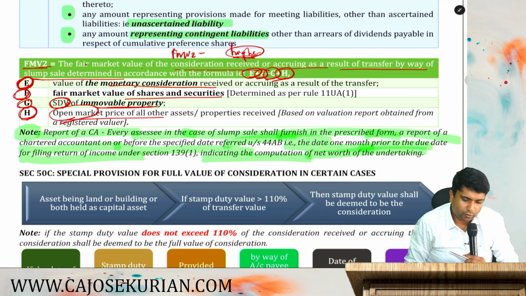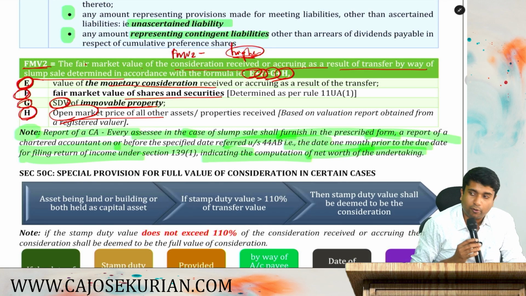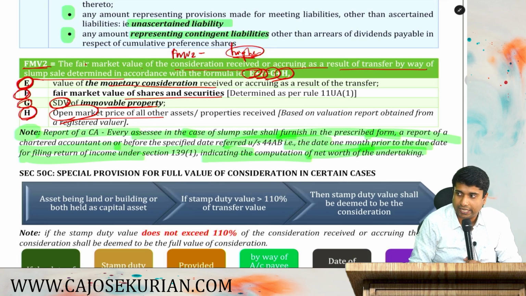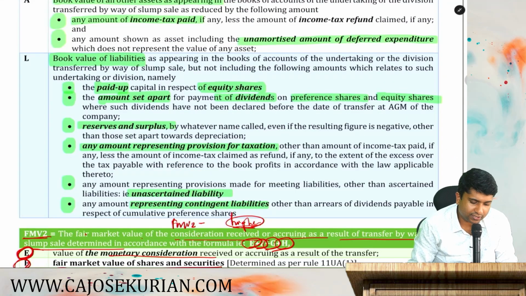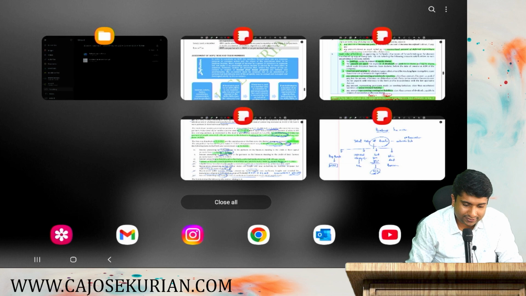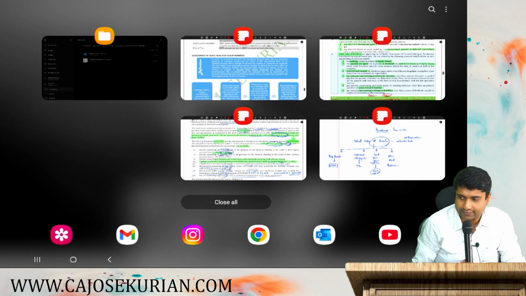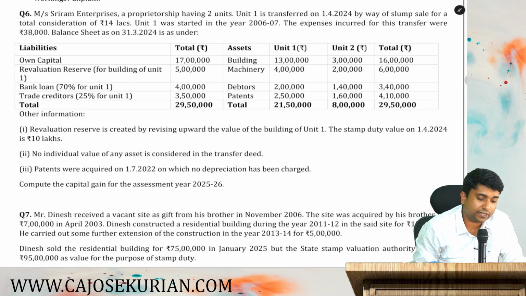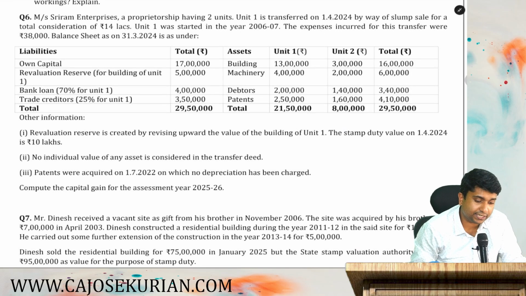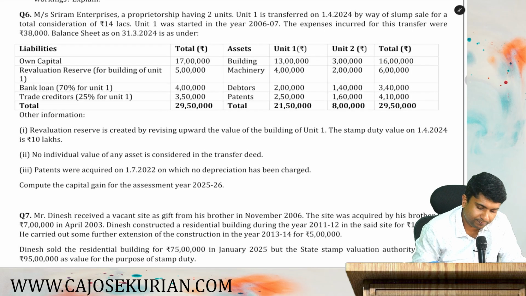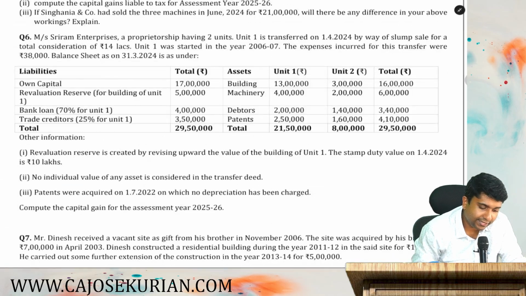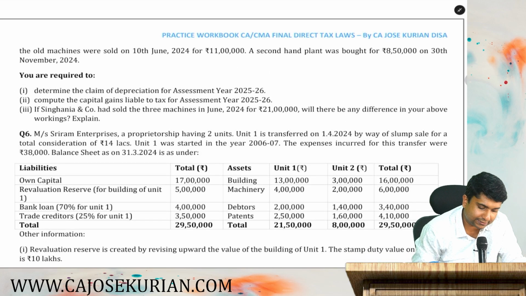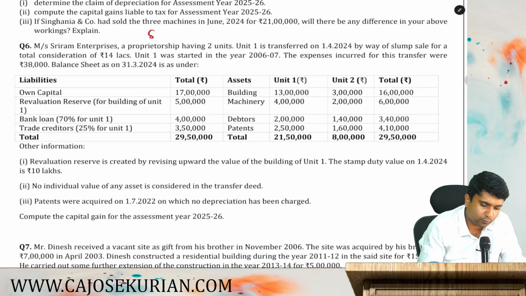All good. So friends, we were discussing what is slump sale, and I hope this much is clear for you. So based on this, let's solve some questions. I want all of you to take the question sheet. So friends, this is your question sheet part 1. Question sheet part 1, page number 20, question number 6.